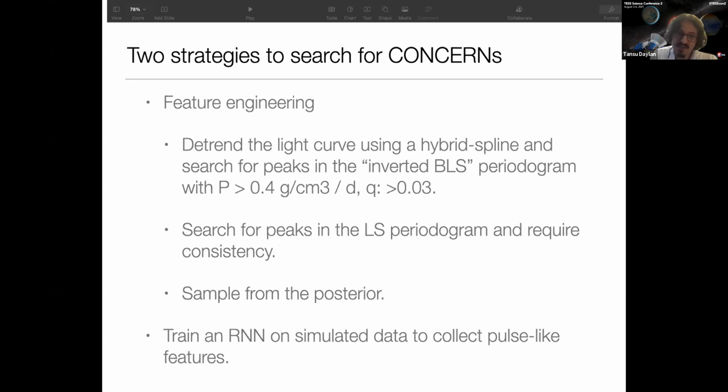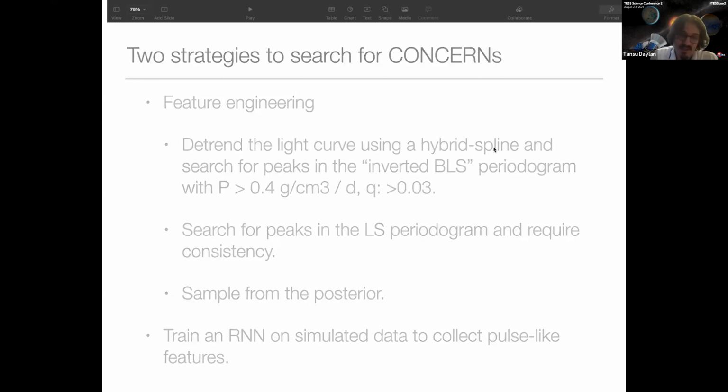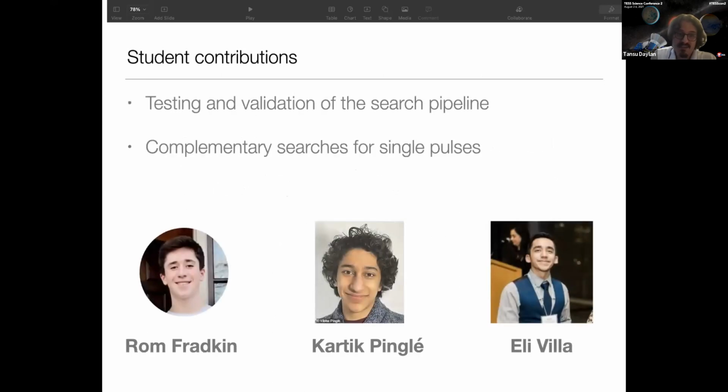If the peaks match, then we take it as a candidate, and then we try to model it. The other line of research, I won't have time to discuss, is an RNN that's trained on simulated data. And 3 students have been working with me on this project at various times, so I just wanted to mention them by name.